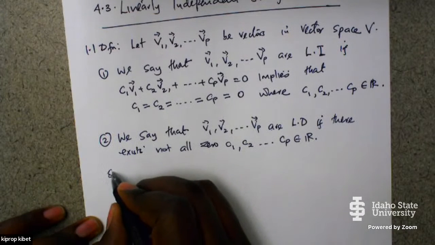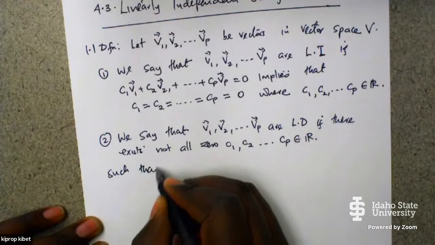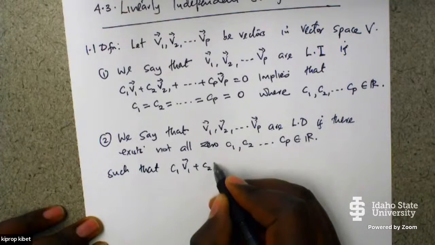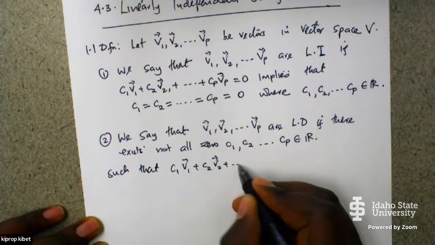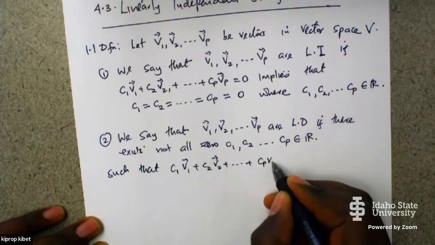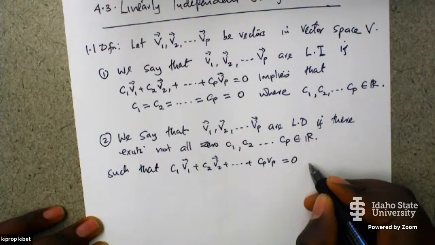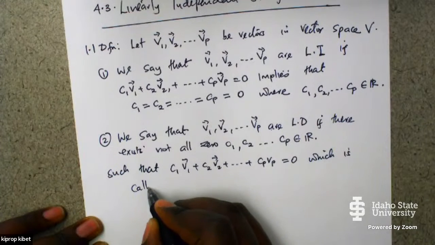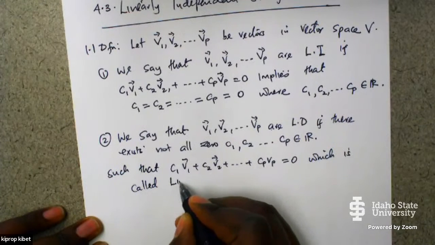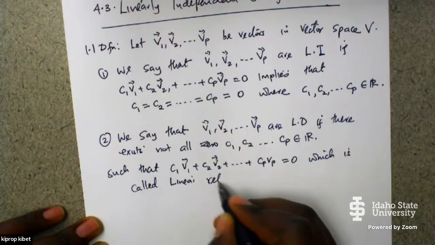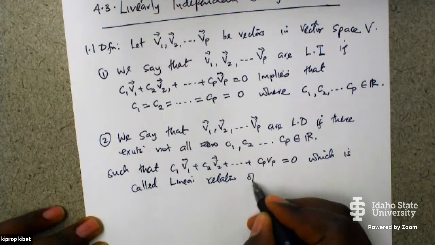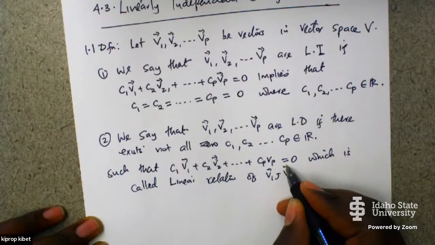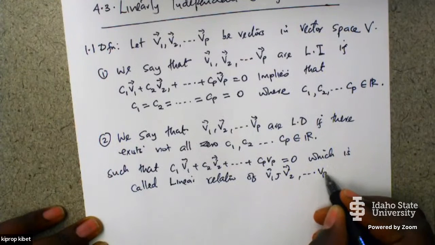Now, such that C1 V1 plus C2 V2 plus up to CP VP equals 0, which is called a linear relation of V1, V2, all the way to VP.